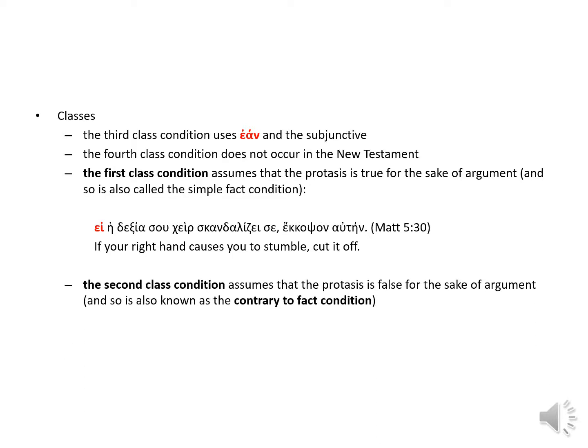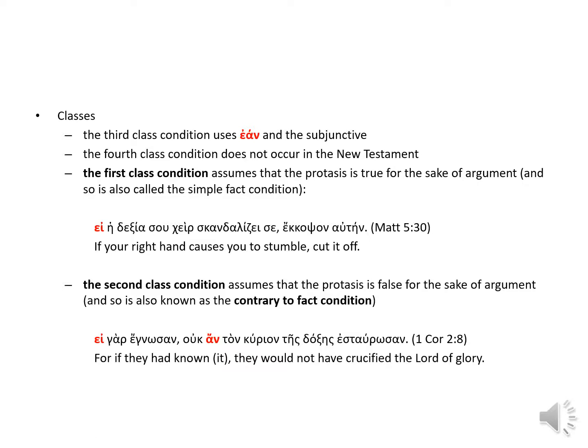That's different from the second class condition, in that the second class condition assumes that the protasis is false for the sake of argument. So it can be called the contrary to fact condition. It will still be introduced with εἰ, and it will use an indicative verb, but it will be an indicative verb in a past tense, either the imperfect or the aorist. So here we have, "If they had known it, they would not have crucified the Lord of glory."